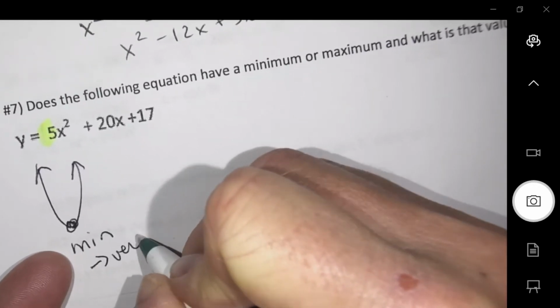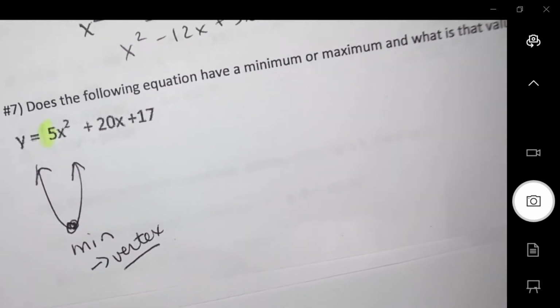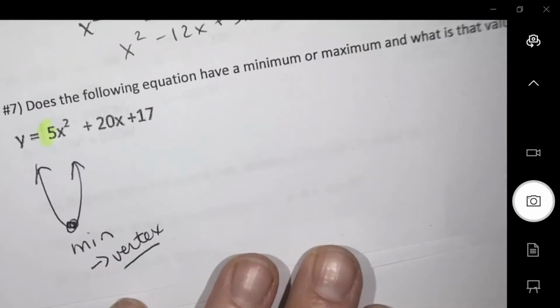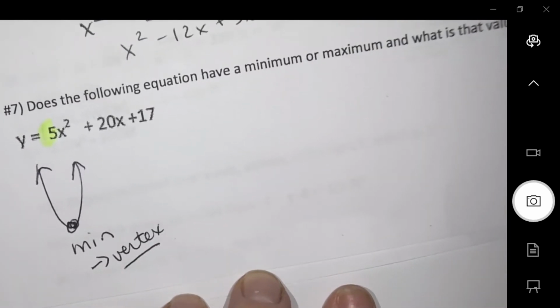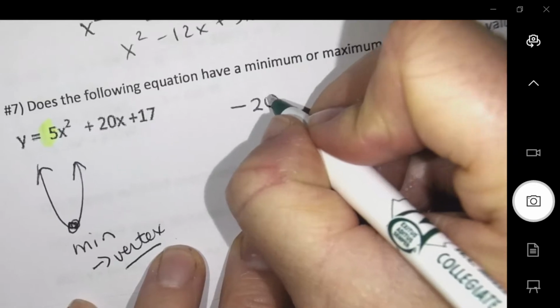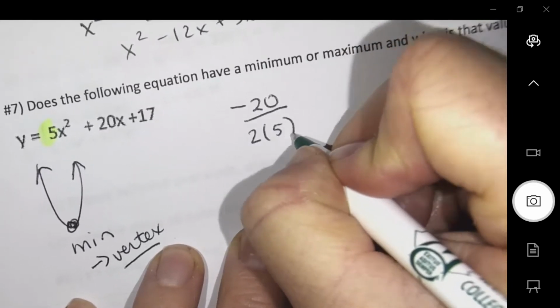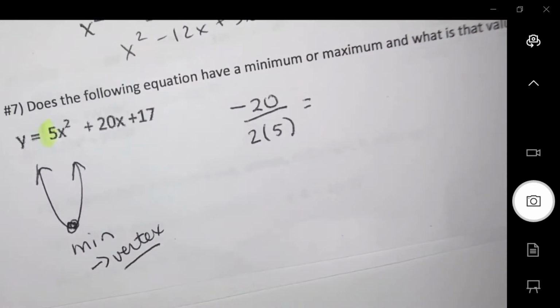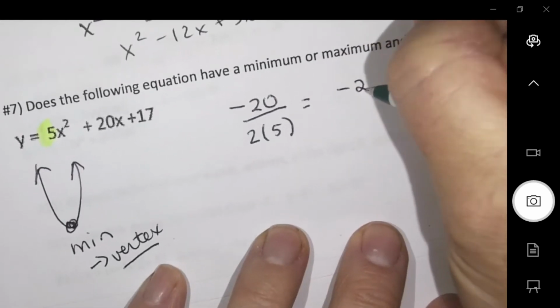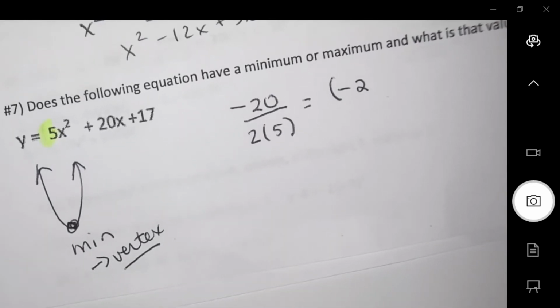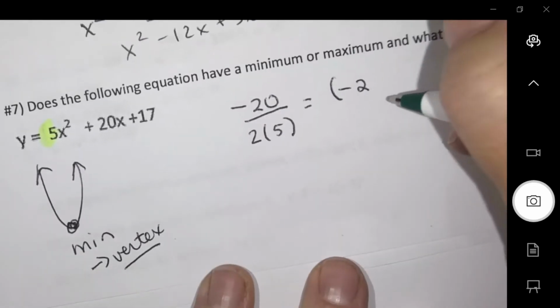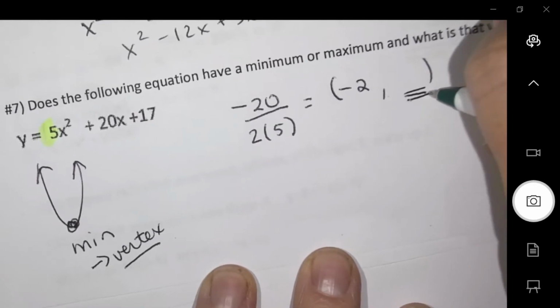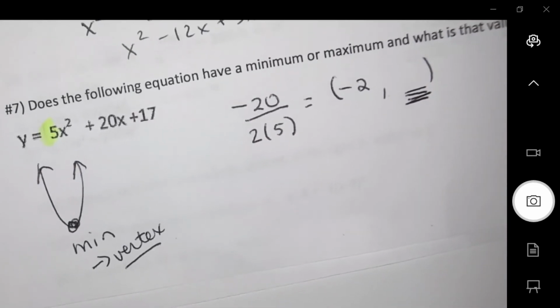I'm going to have to figure out the vertex. How do you do a vertex when something looks like that? Opposite b over 2a. Okay, in your head, what's negative 20 divided by 10? Negative 2. Is that the value I want? No, I actually need the y part is talking about the height part of it, and that's the part I care about.